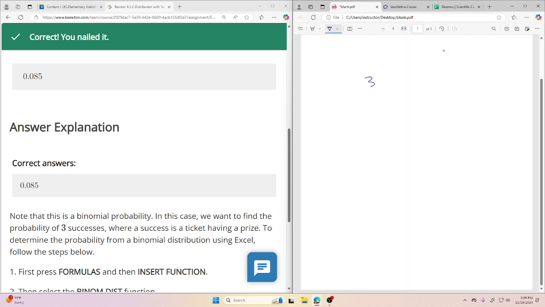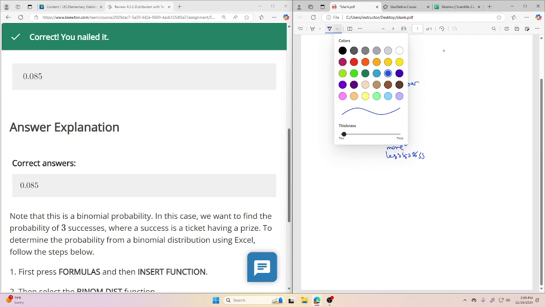So if we have 3 numbers, and again, this will be the n total. We have a p percentage, and then we have an x, which will say exactly or more or less, or something like that. You know what I mean?